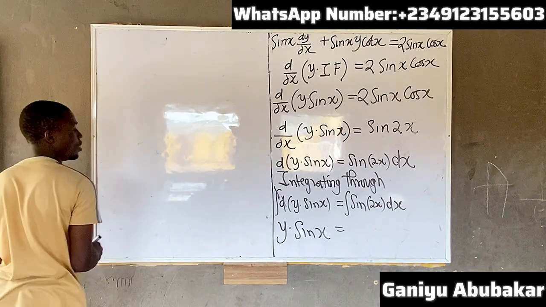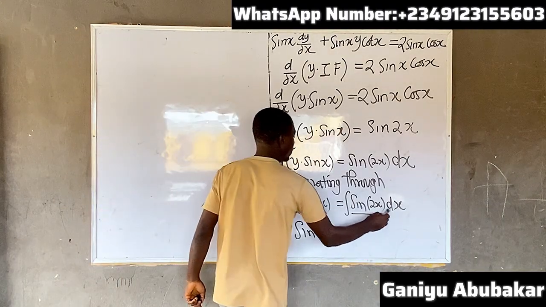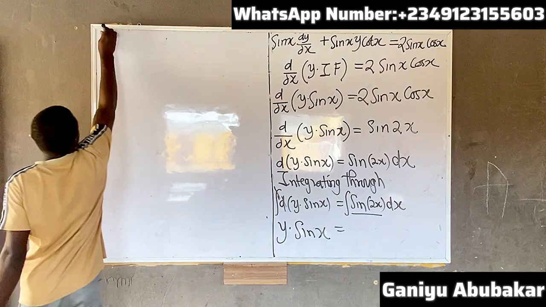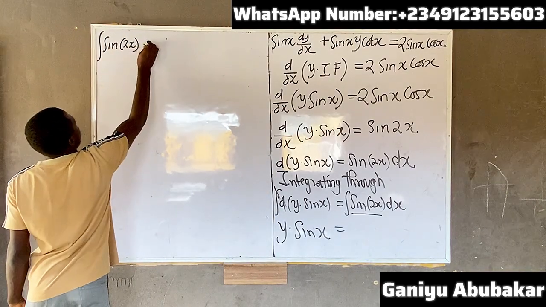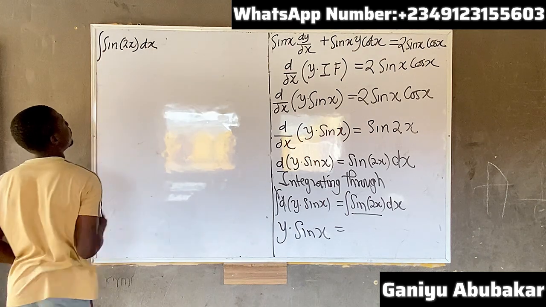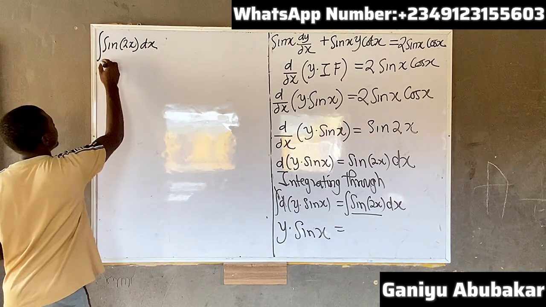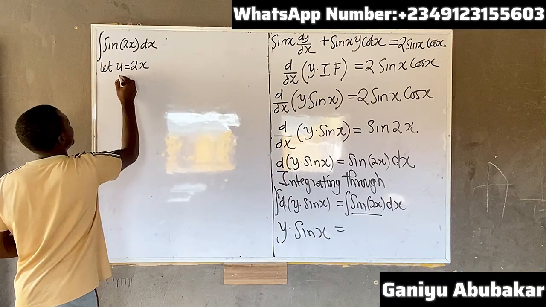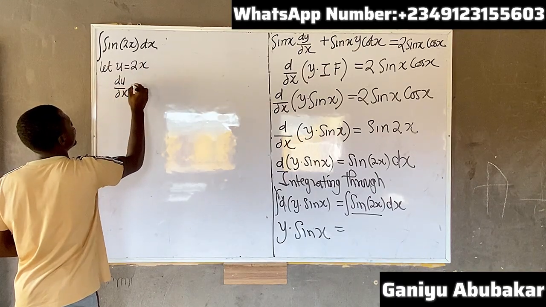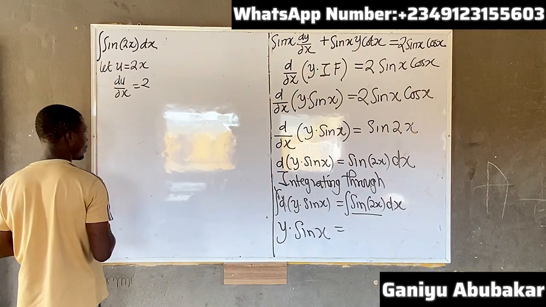Look up, please. Let's look at this one alone and solve it separately. If I have the integral of sine 2x with dx, it's simple. As we said, let u be equal to what? 2x. du/dx gives you 2, right?